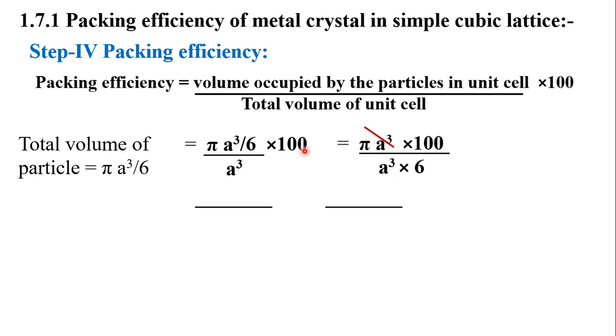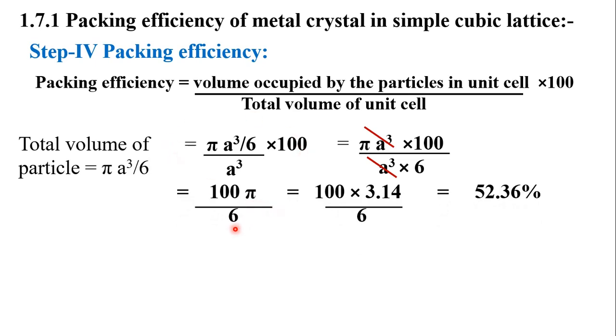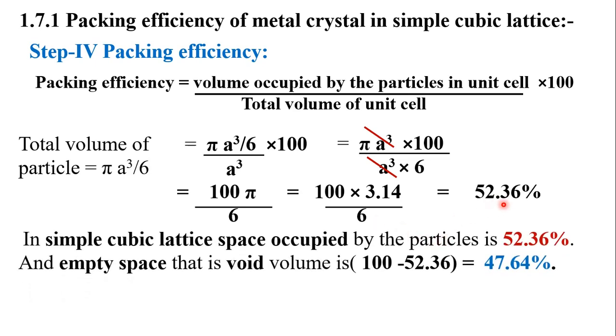See here, a cube is cancelled. So what remains? Pi divided by 6 into 100. So 100 pi divided by 6, that is equal to 100 into, if you substitute the value of pi, how much? 3.14. So 100 into 3.14 divided by 6, and that is equal to how much?